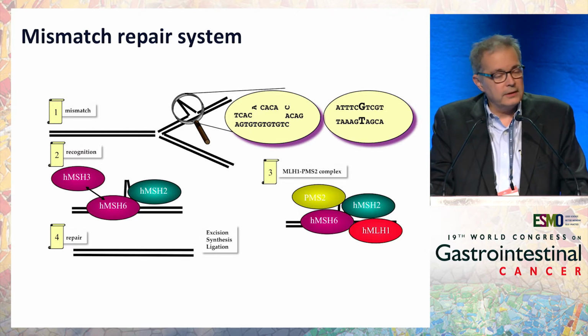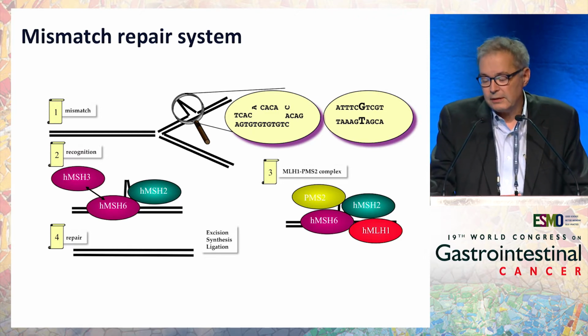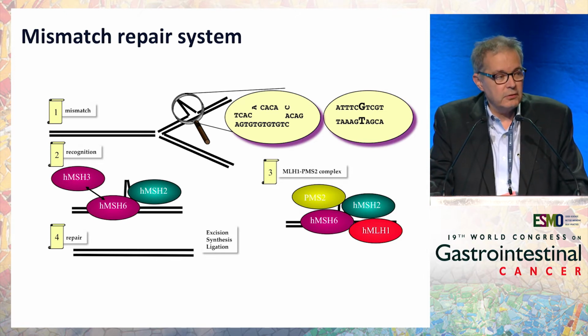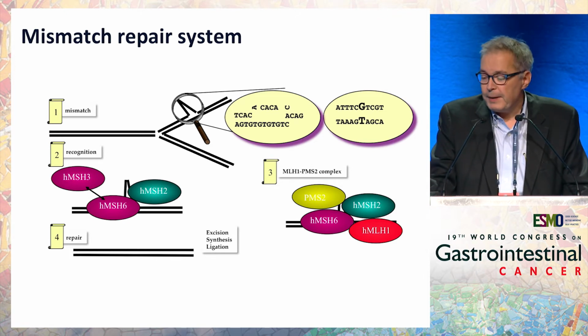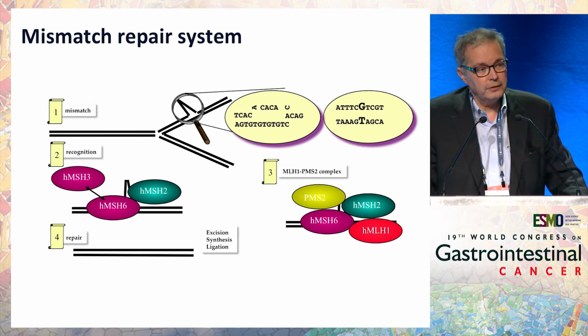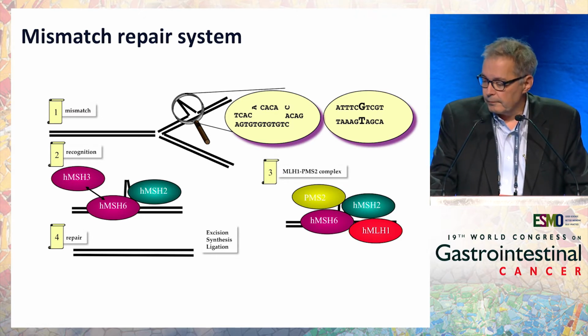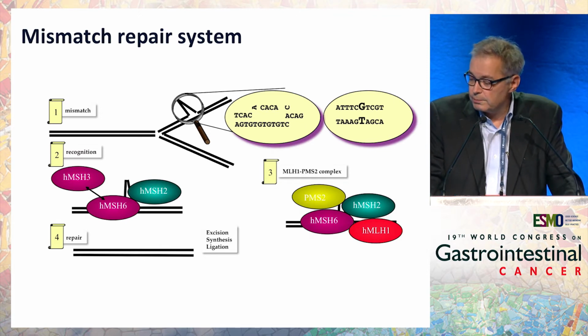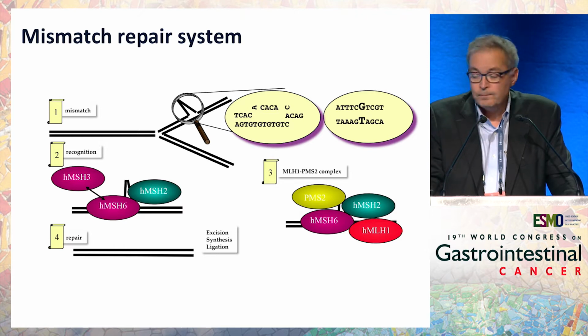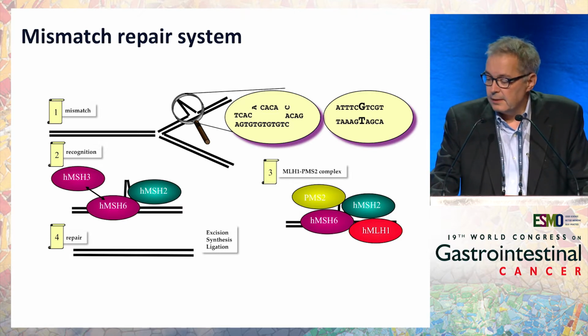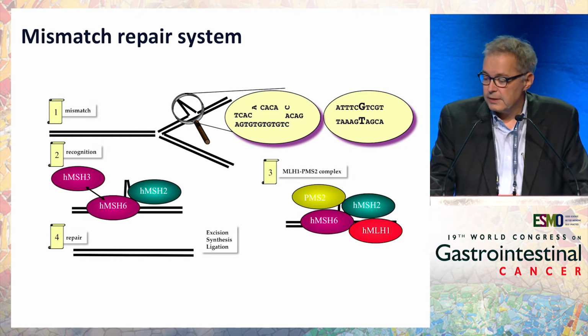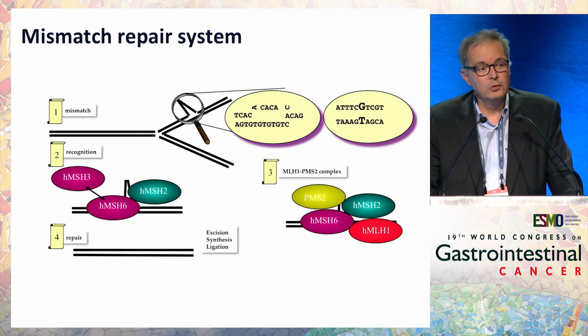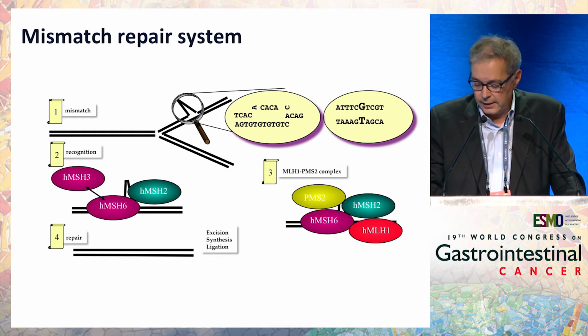Then a second protein is recruited, MSH6 or MSH3, depending on the type of error or modification in the DNA. Then this complex, MSH2-MSH6 for example, recruits PMS2 and MLH1 to repair this error by excision, resynthesis of the new DNA strand, and ligation.